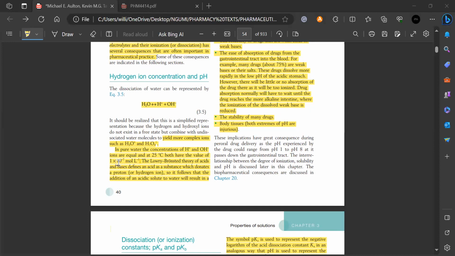The Lowry-Brønsted theory of acids and bases defines an acid. Lowry-Brønsted, you can remember that from first year, second year. I think we've also done it recently. It defines an acid as a substance which donates a proton. So in this case, our acid is obviously H plus, it donates a proton, a hydrogen ion.